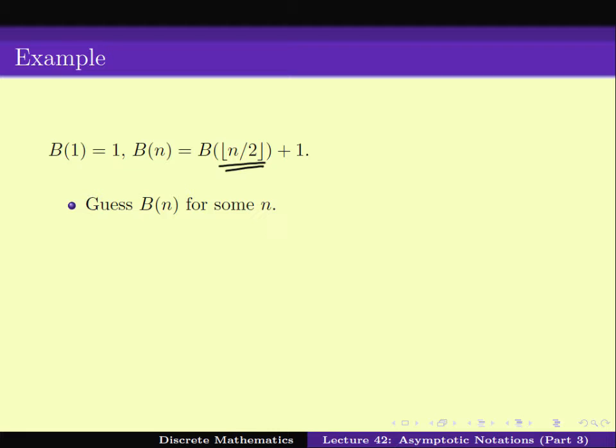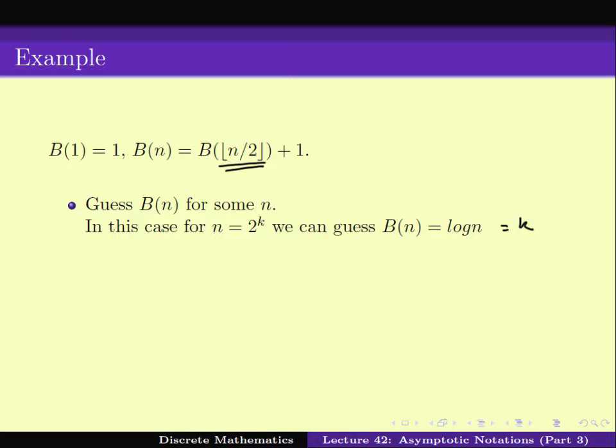That can happen if n is a power of 2 again. So even here you can convince yourself, and I would like you to prove it while you are watching this video, that if you put n equals 2 to the power k, then bn equals k, which is log n actually.